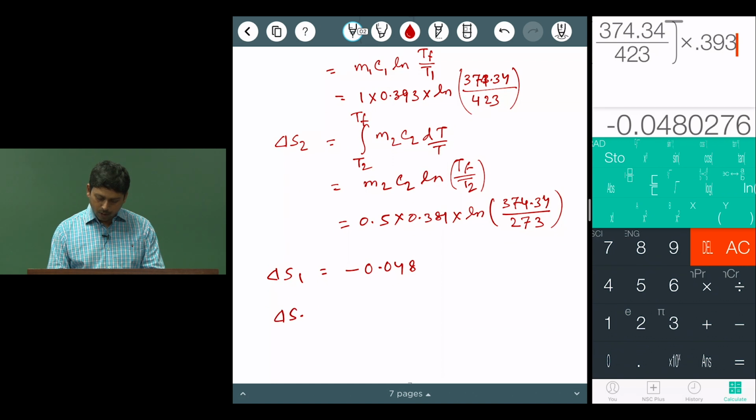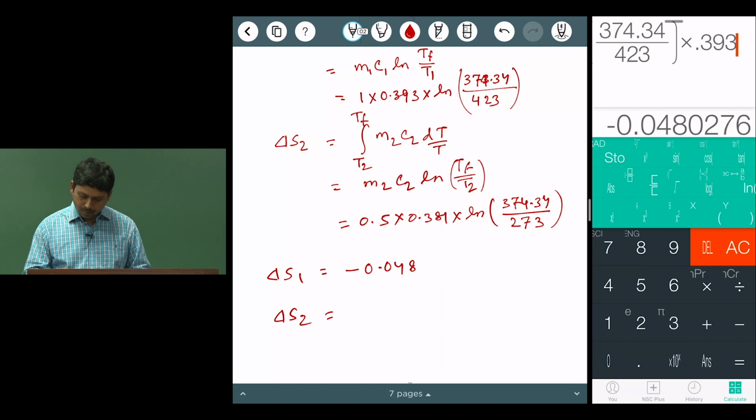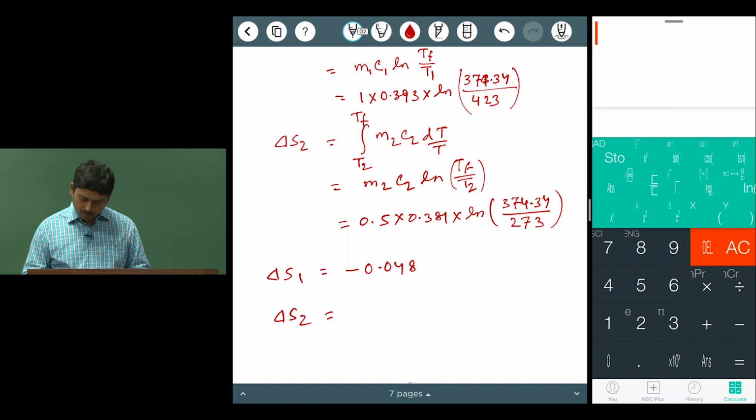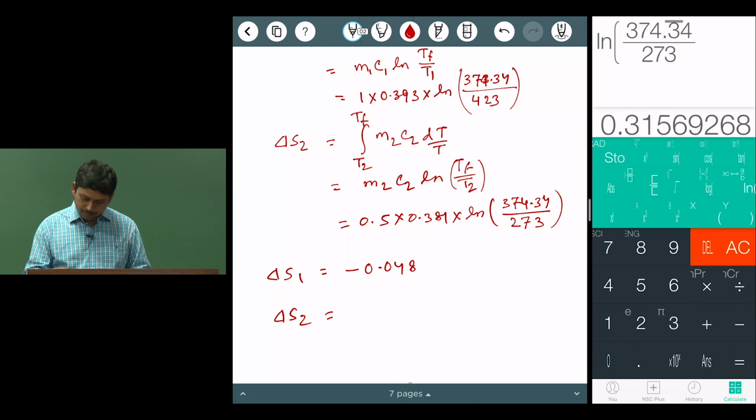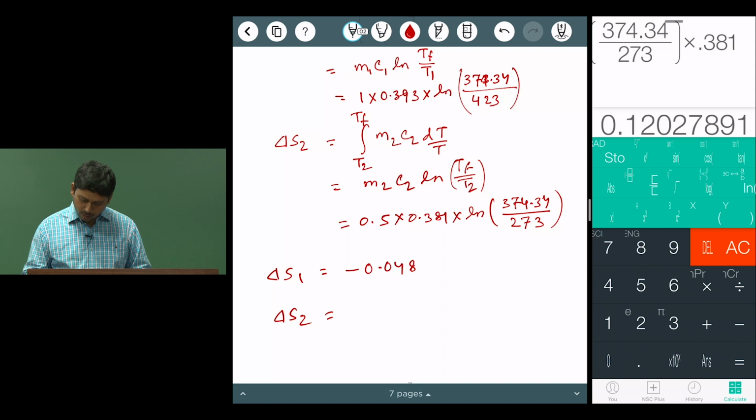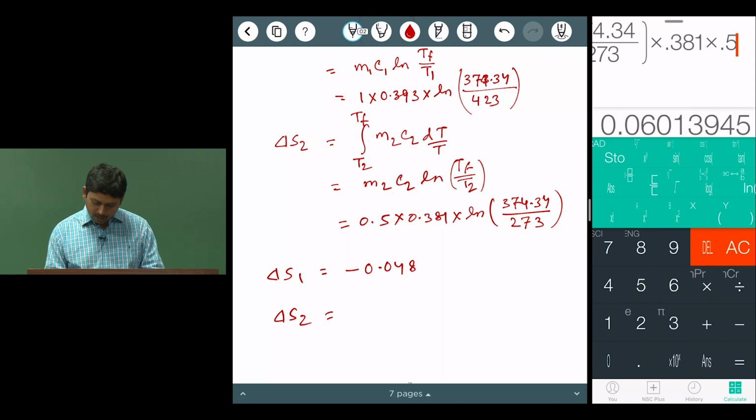Now, delta S2 will be ln of 374.34 by 273 multiplied by 0.381 into 0.5, giving us 0.06014.